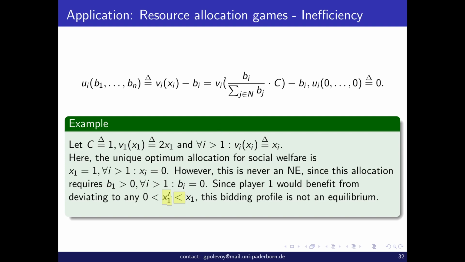She will still get all the capacity, but she will pay less. So she will strictly increase her utility by this deviation. So this cannot be a Nash equilibrium. So this unique optimum allocation is never a Nash equilibrium, and therefore the price of stability, and definitely therefore the price of anarchy, is strictly larger than 1.